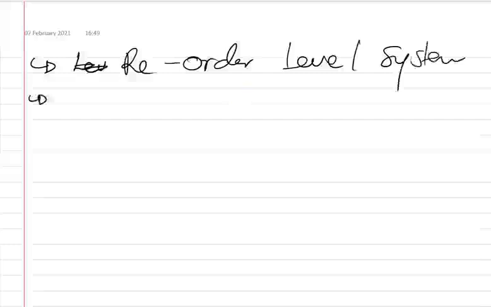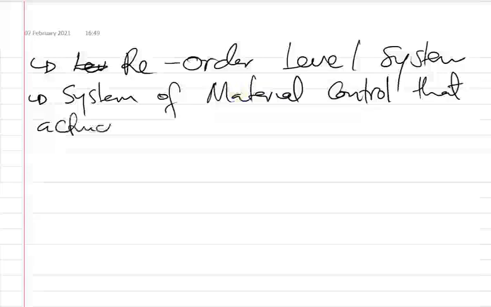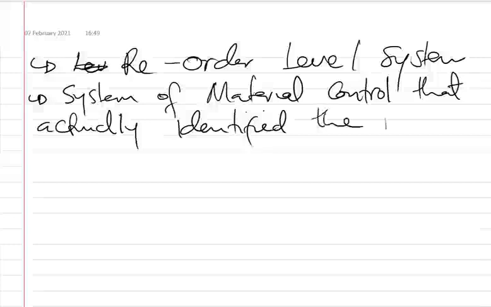first thing we know is that it is a system of material control that actually identifies the right time to order. That's the order level.